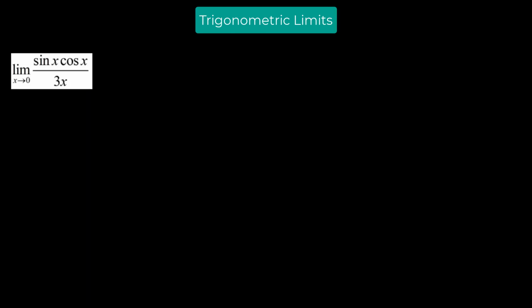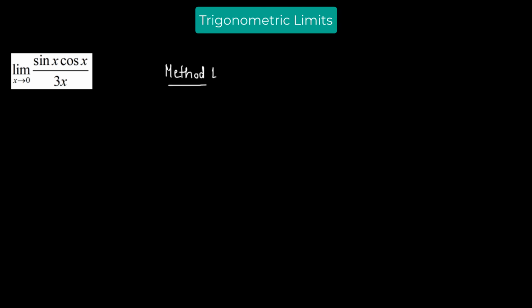So here we have the function sin x times cos x divided by 3x. We need to find its limiting value when x tends to 0. There are two ways of solving this particular question. Let's try the first way, method number 1.